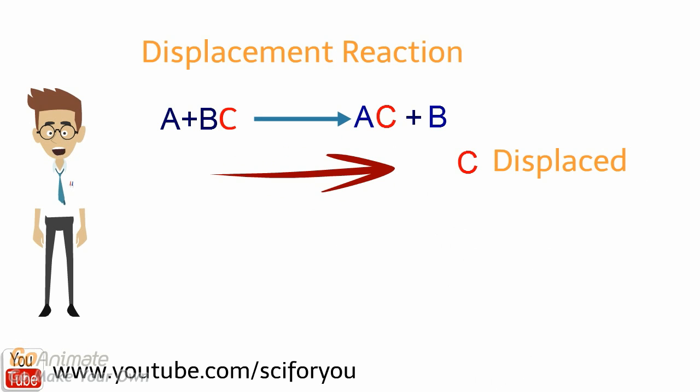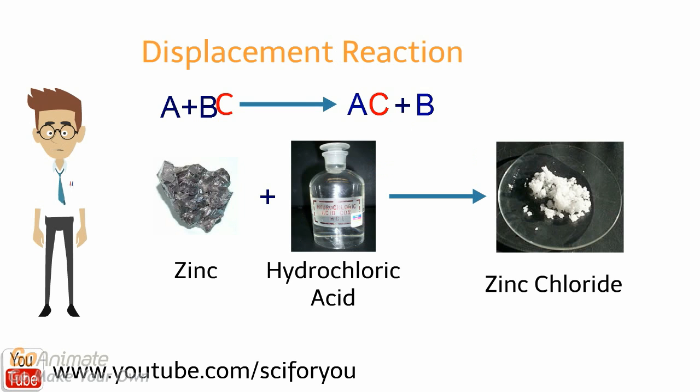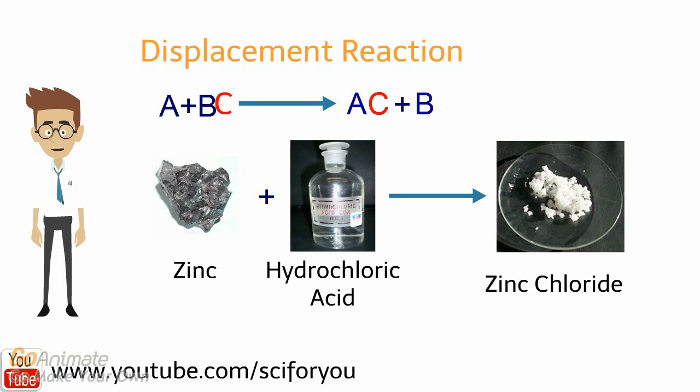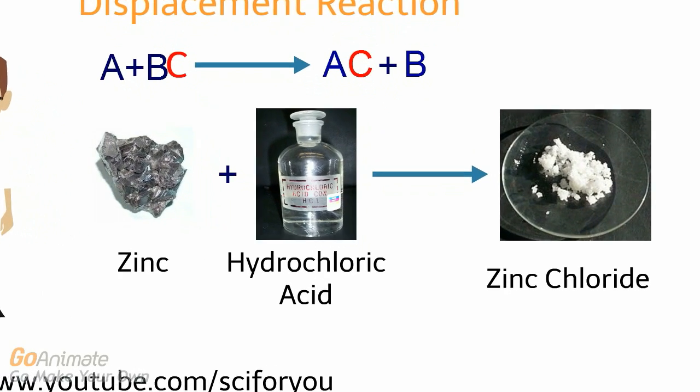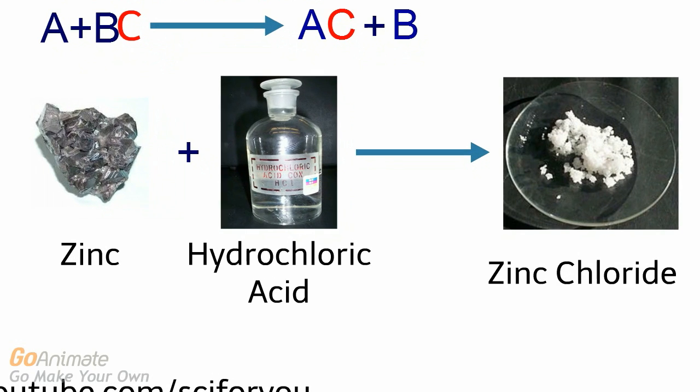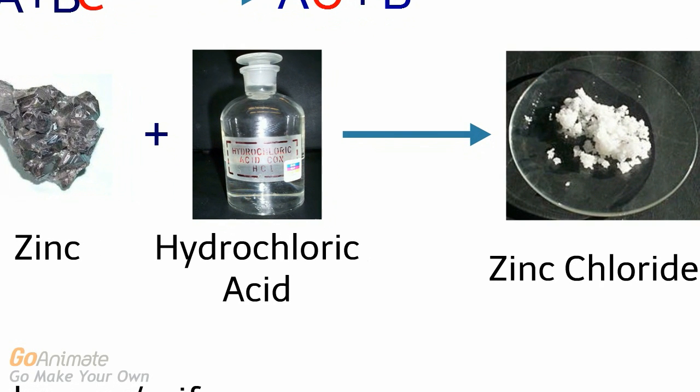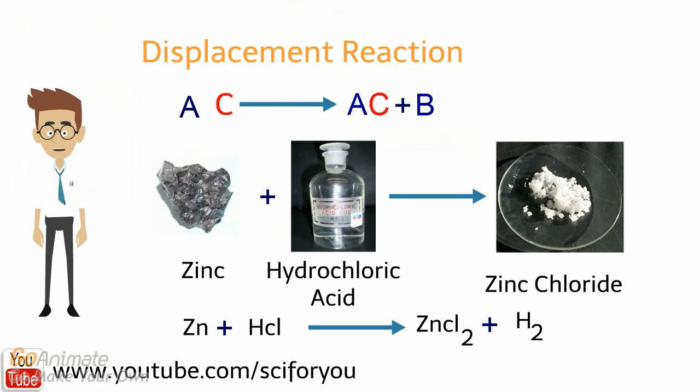It is only possible when A is more reactive than B. If it is not, B would not have gone to A to form a new compound. An example of this type of reaction is when zinc reacts with hydrochloric acid, giving zinc chloride and hydrogen gas. Zinc chloride is useful in chemical synthesis and textile processing.